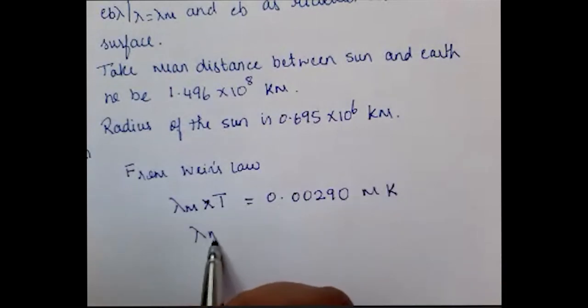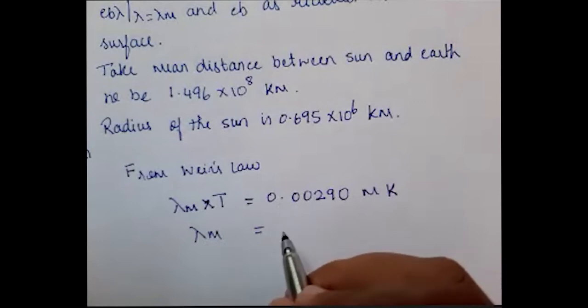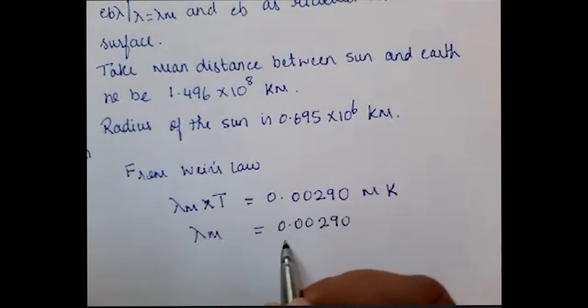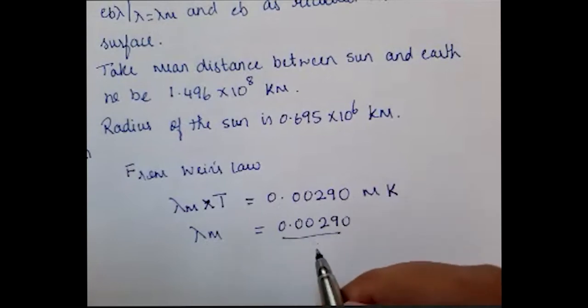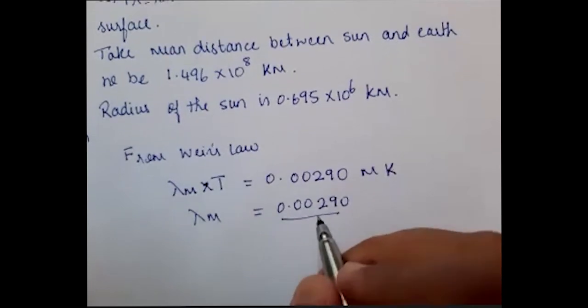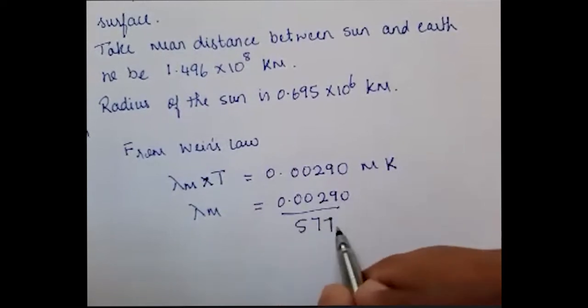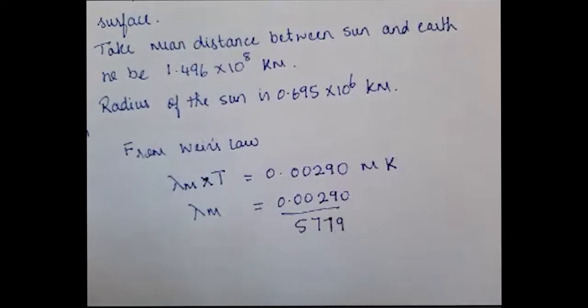So lambda m is equal to 0.00290 divided by 5779 Kelvin.